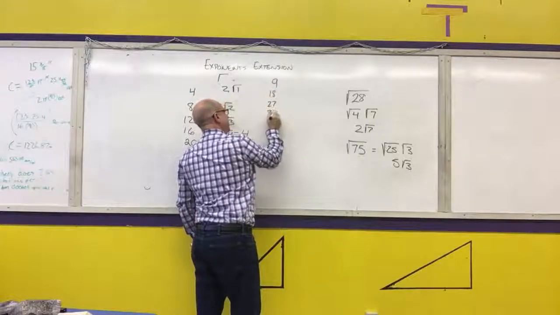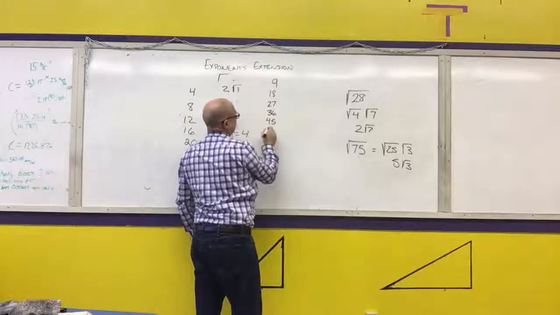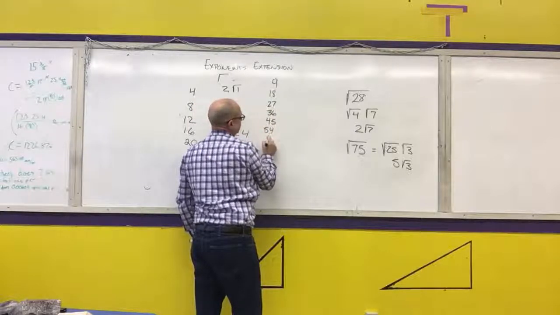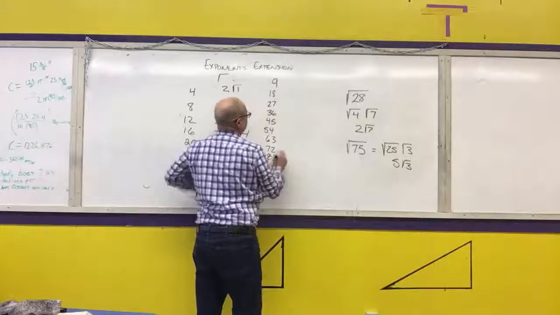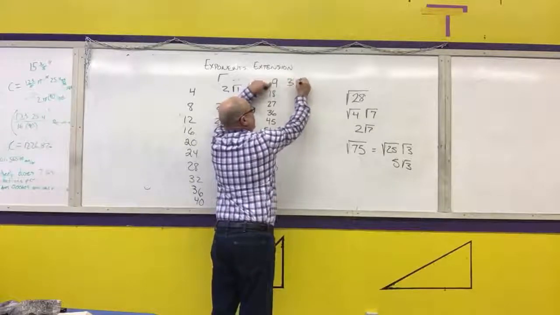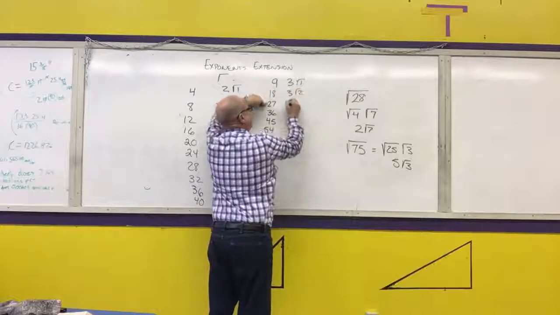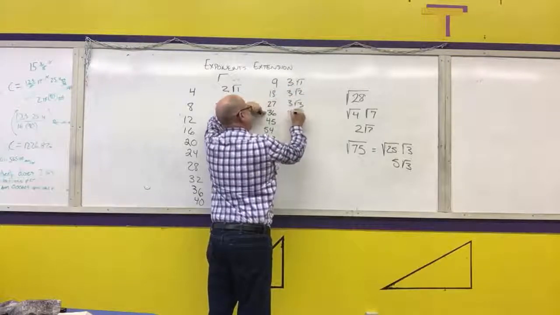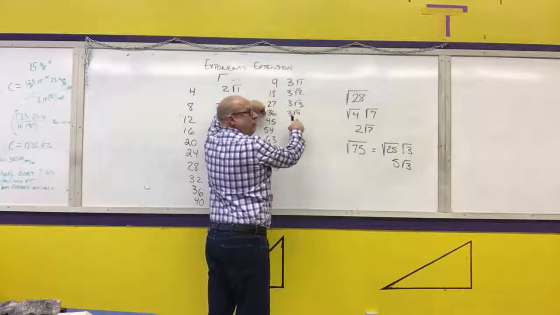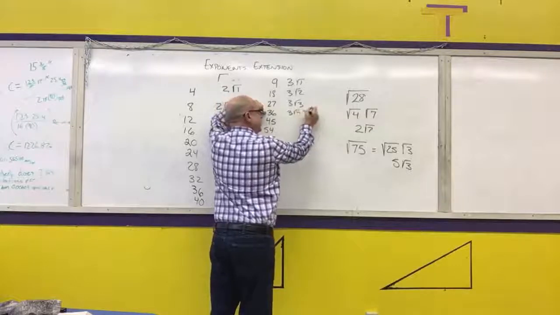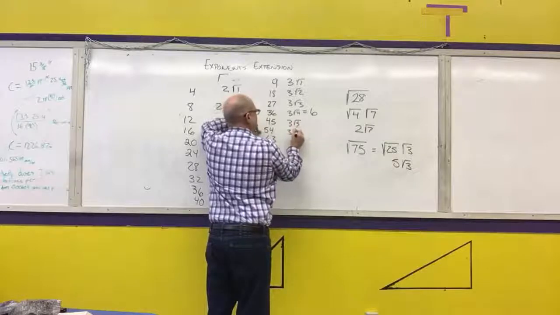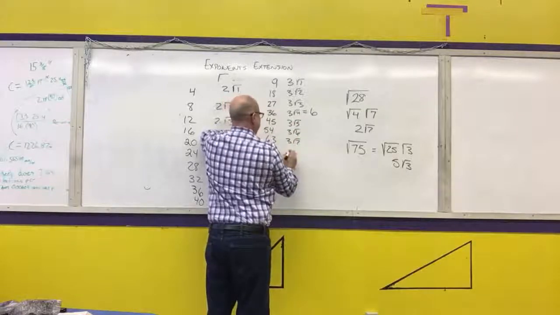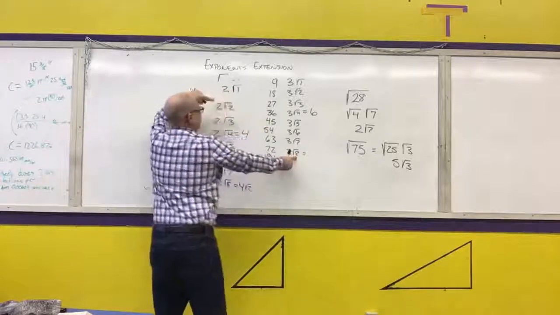Anything that 9 goes into: 54, 63, 72, 81, 90. This would be 3 root 1, 3 root 2, 3 root 3, 3 root 4, but what's the square root of 4? 2. 2 times 3 is 6. 3 root 5, 3 root 6, 3 root 7, 3 root 8, but the square root of 8 is 2 root 2.